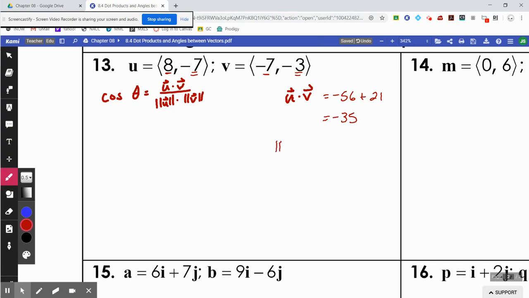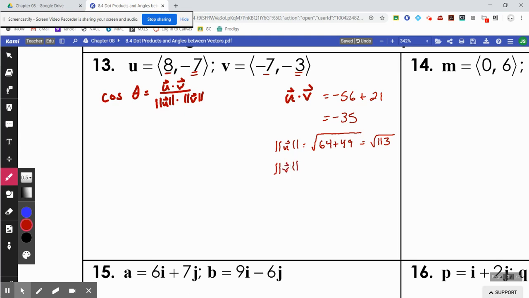Next up, let's find the magnitude of u. And we do so by using the Pythagorean theorem. That's going to be the square root of a squared plus b squared, which would be 64 and 49, which is the square root of 113. Next up, let's find the magnitude of v.